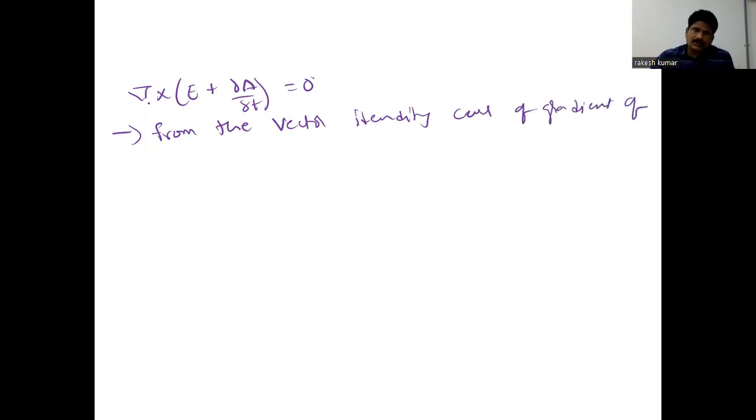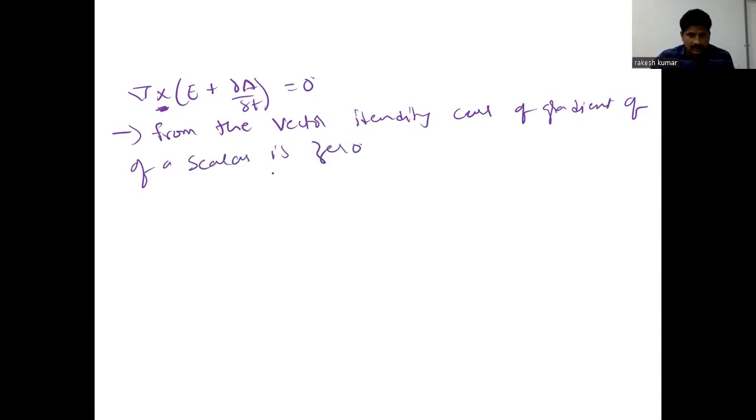From the vector identity, curl of gradient of a scalar is 0.